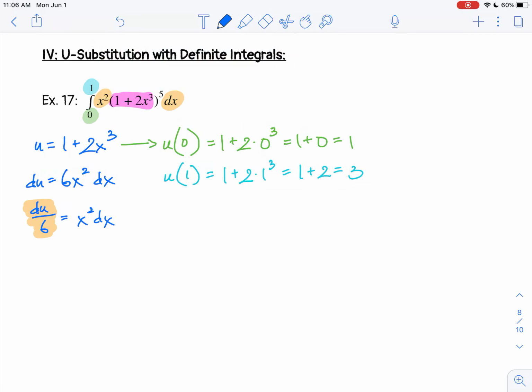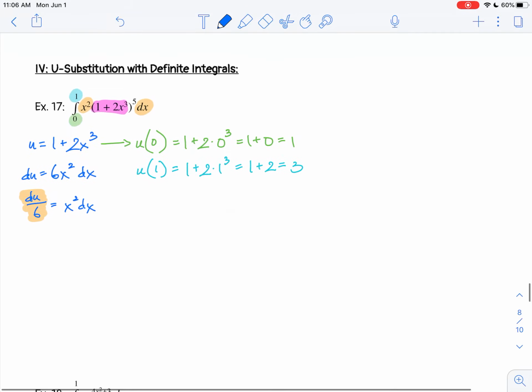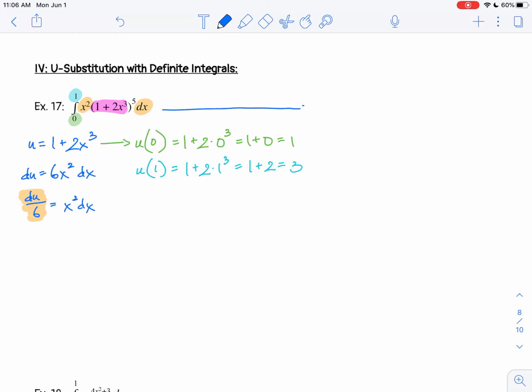All right. Now that we've got our integrand and our bounds with u's, let's substitute. So when we substitute now, we're going to get the integral, not from 0 to 1, but from 1 to 3, of u to the 5th power times du over 6.